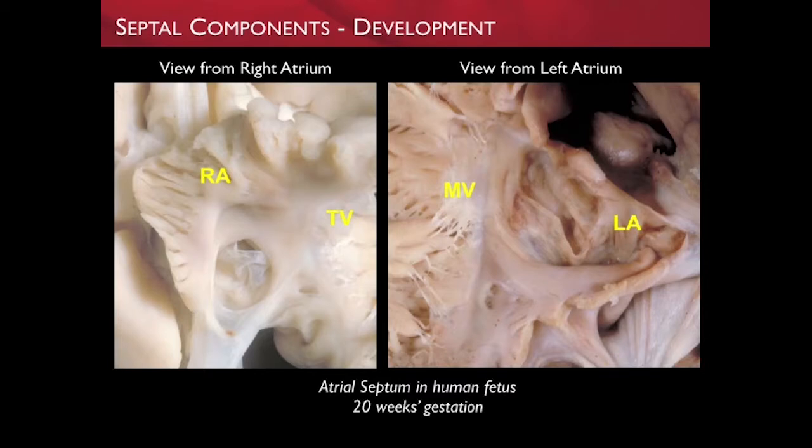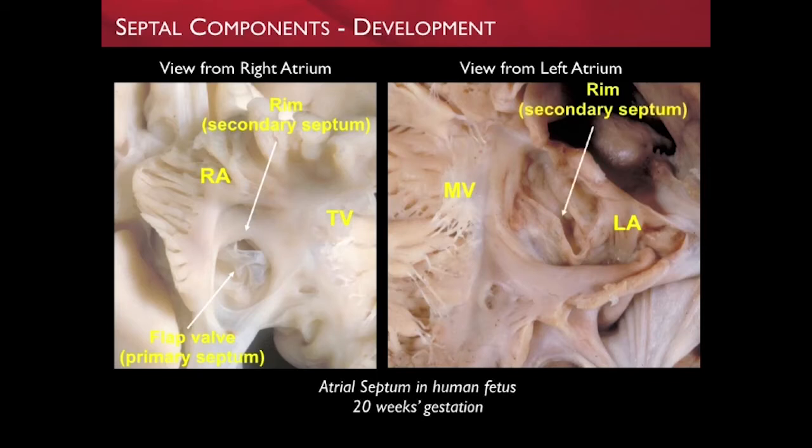So if you look from the right atrium, for instance, here you can see the primary septum, which is a thin membranous structure known as the flap valve in fetal life, and then surrounding that, particularly on the upper margin, you can see the secondary septum, the fold between the atrial chambers, which we know as the rims of the oval fossa.